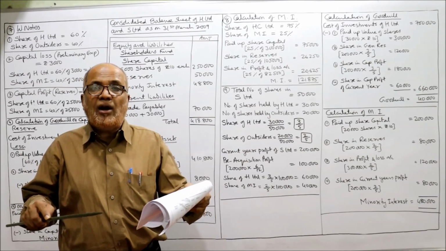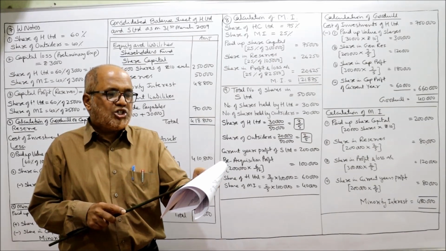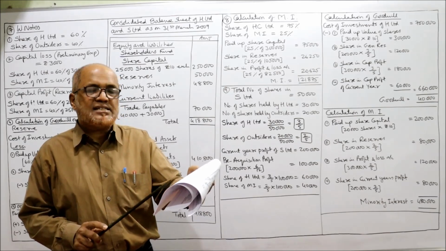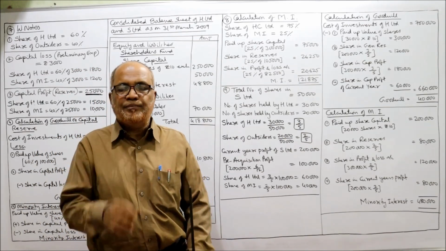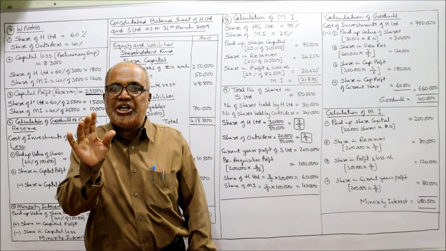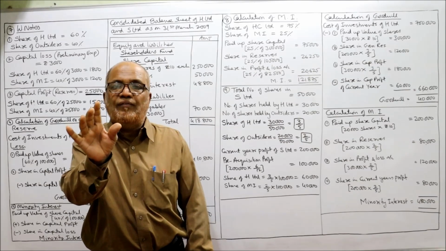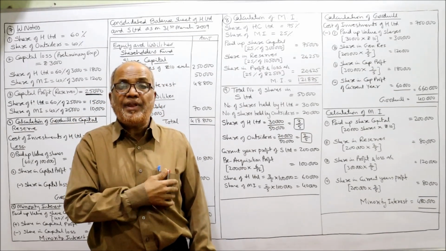So totally how many shares are there in S Limited? Liability side you see. Share capital, shares of rupees 10 each, 5 lakh in S Limited. So 5 lakh divided by 10, 50,000. The total number of shares in subsidiary company is 50,000. Out of 50,000, 30,000 shares are held by holding company.